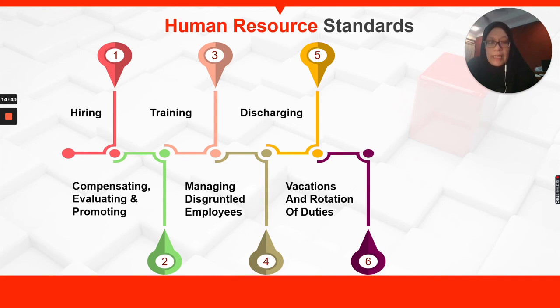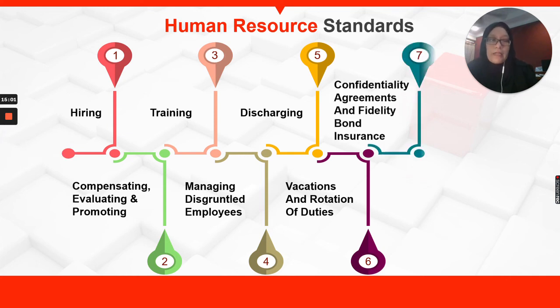So they can force the employee to take a leave or vacation, or have rotation of duties. Many of these employee frauds can be discovered when the perpetrator is suddenly forced to take time off.